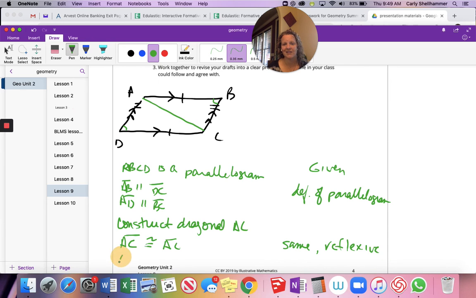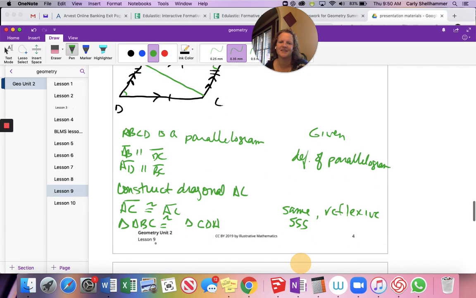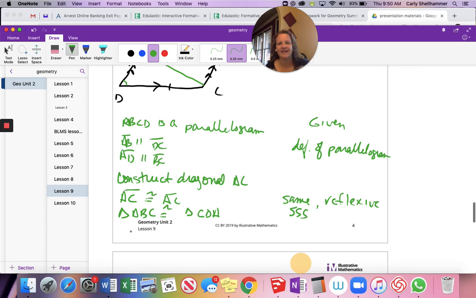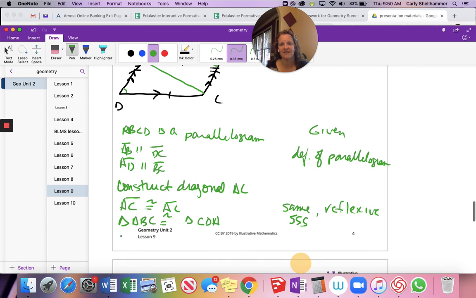And now I can say that triangle ABC is congruent to triangle CDA because of side, side, side. And at that point, we're essentially done. Angle B is congruent to angle D because of CPCTC. Congruent parts of congruent triangles are in fact congruent.